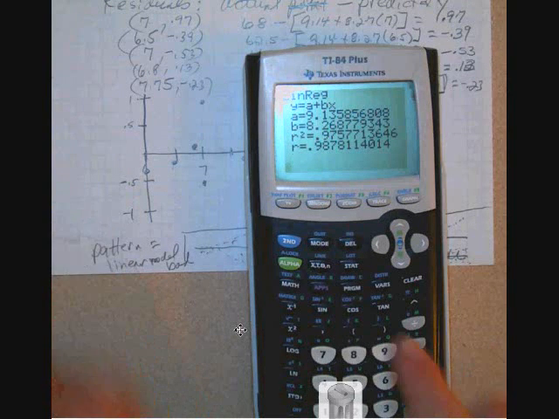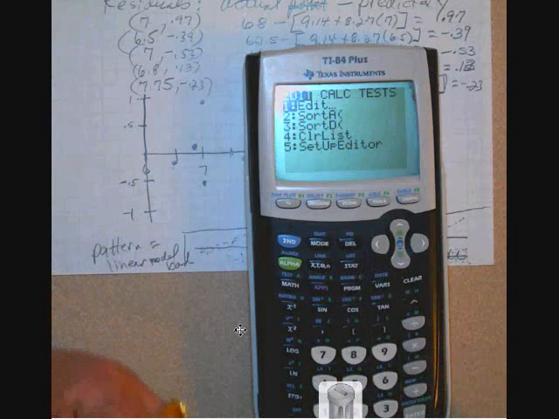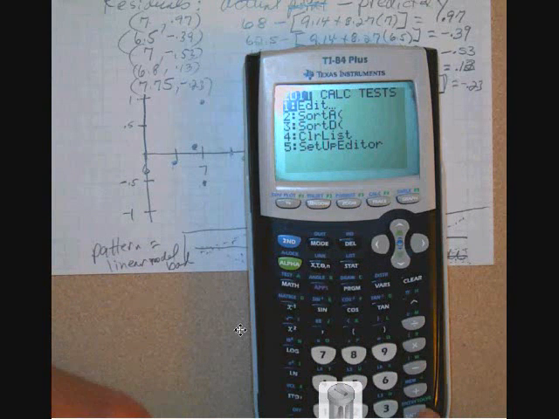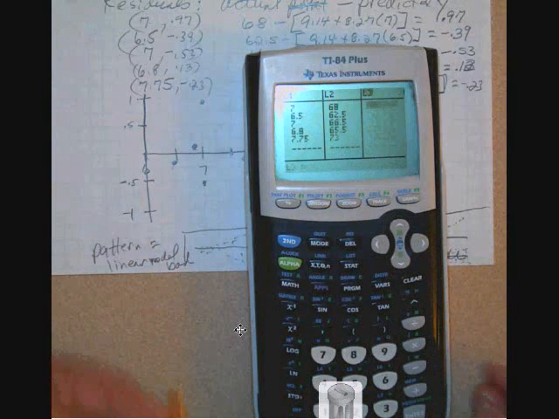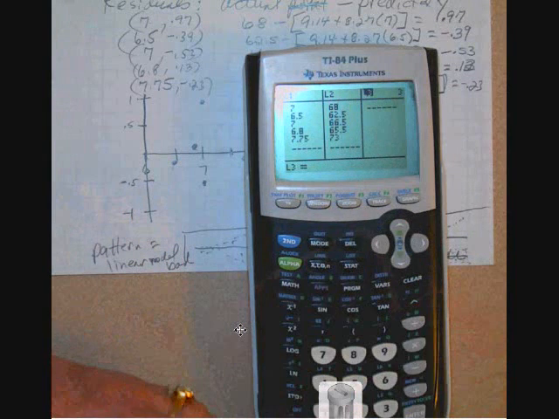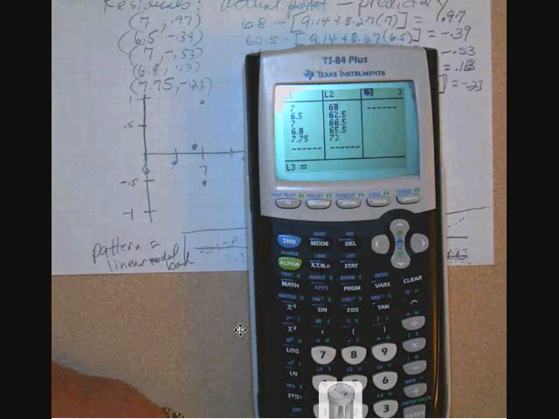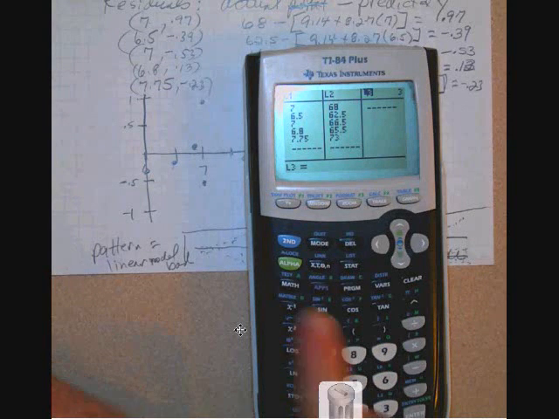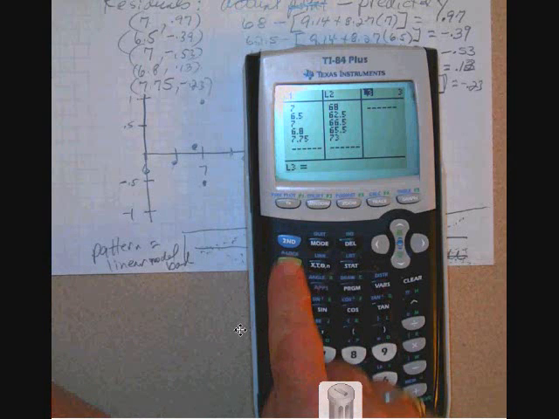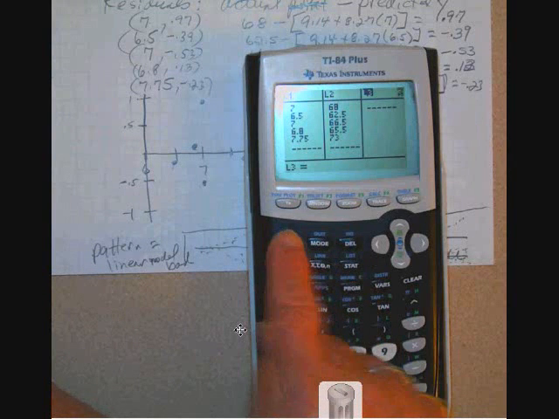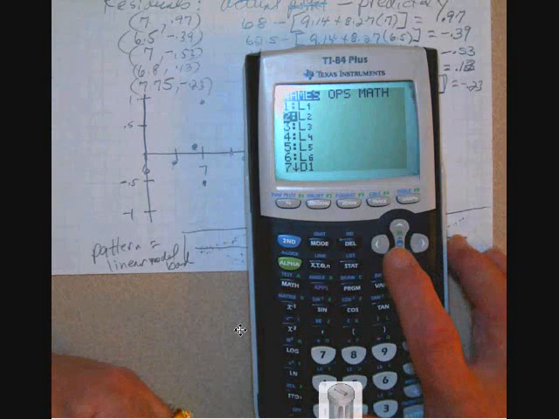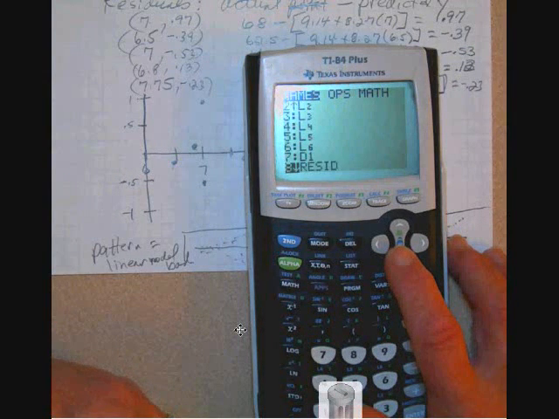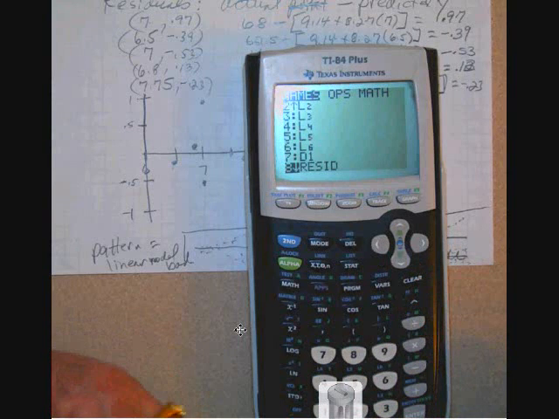So I'm going to hit the Stat key, and I'm going to go into Edit, and I'm going to go into List 3. Now, you hit Second List, or Second Stat, and if you arrow down a little ways, you will find a list called Resid.